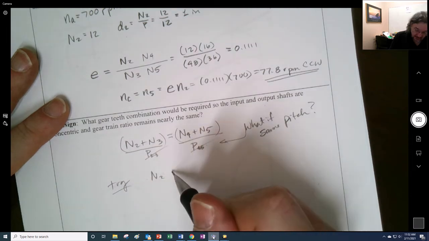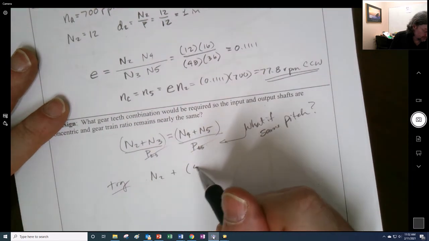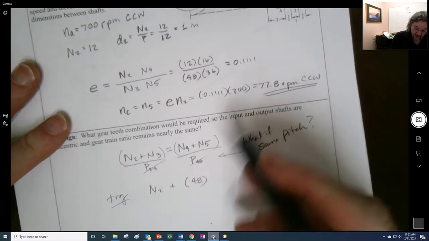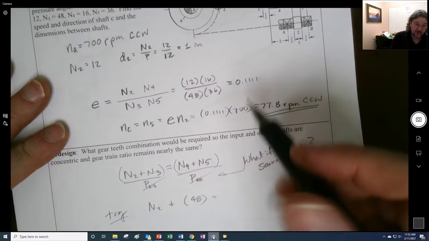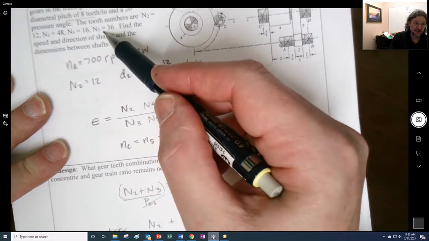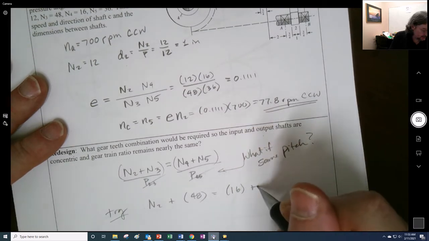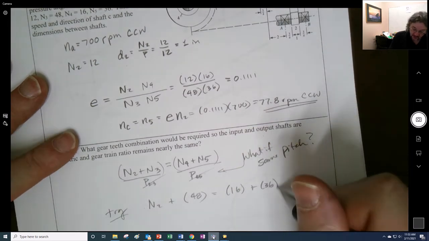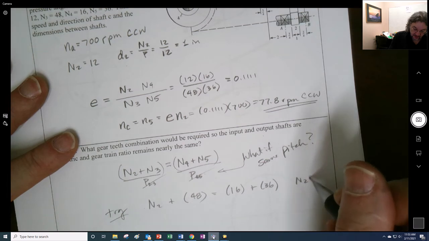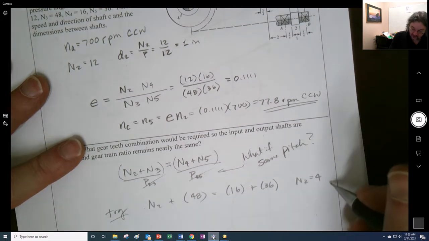So let's say N2, we had 48 teeth, from the original problem right here. With our 16 and our 36, we would find that N2 would have to be equal to 4. That's no good.